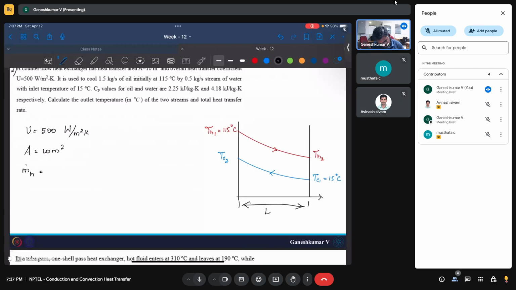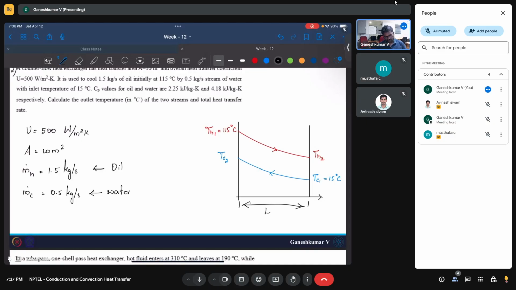M dot H is 1.5 kilogram per second, this is oil, and the water M dot C is 0.5 kilograms per second.